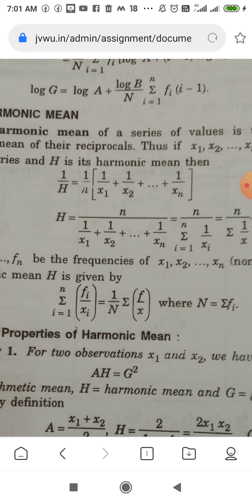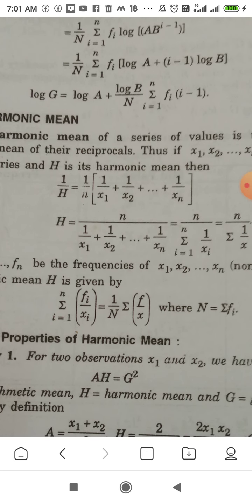Now reciprocate this, and after reciprocating, 1 upon h becomes h, and n, which is in the denominator, goes to the numerator, and 1 upon x1 plus 1 upon x2 plus dot dot dot 1 upon xn, which is in the numerator, will be in the denominator after reciprocating.